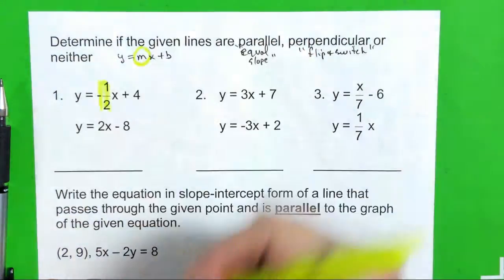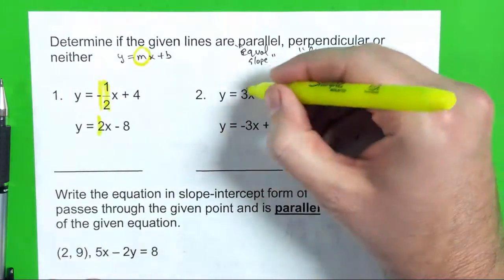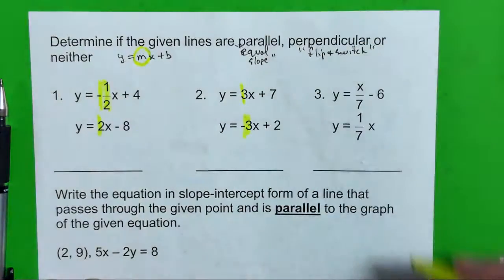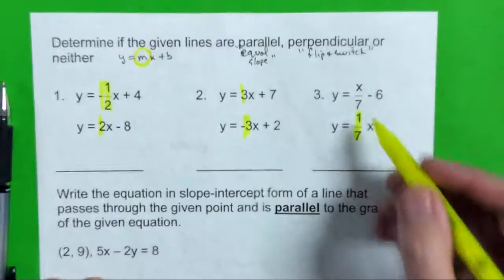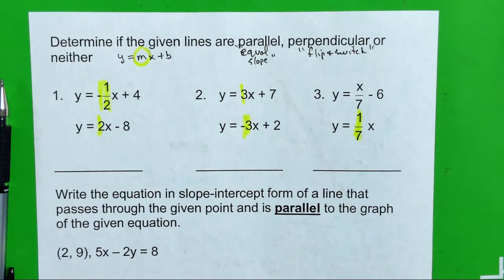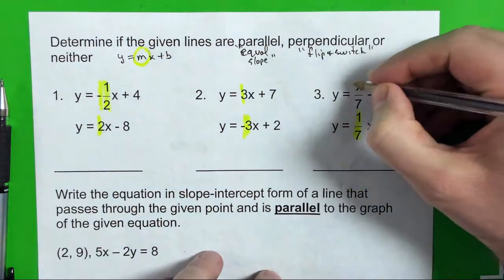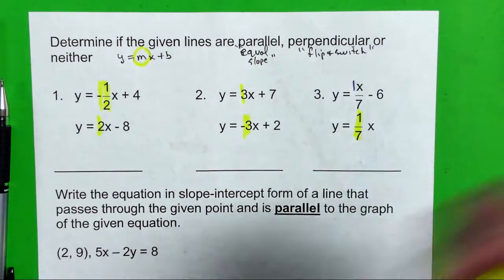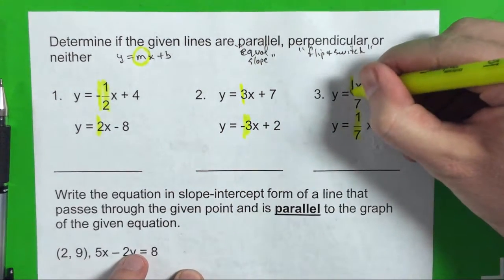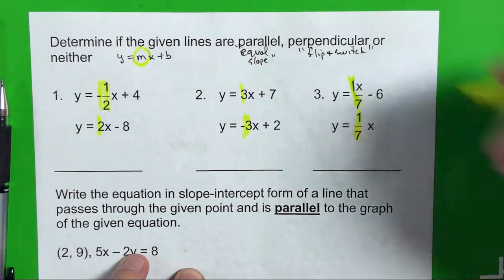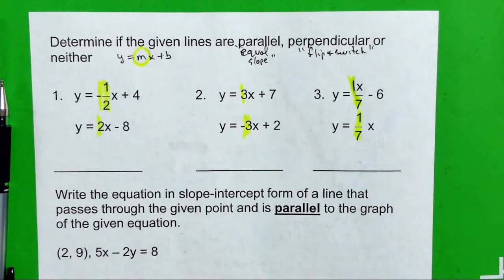There's slopes here and here, a slope here and here, and a slope here. And the last one on the top there, what's the slope there? What's the number in front of x? There's a 1x here, so the slope is really 1 and the 7. You don't have to write the x. It's not written in there, it's implied, so you can write it in there.